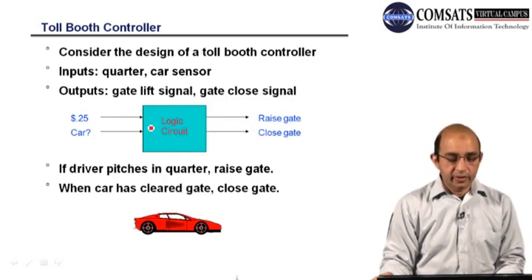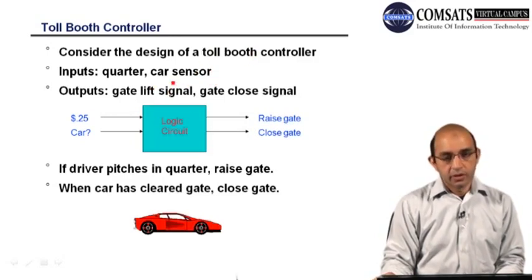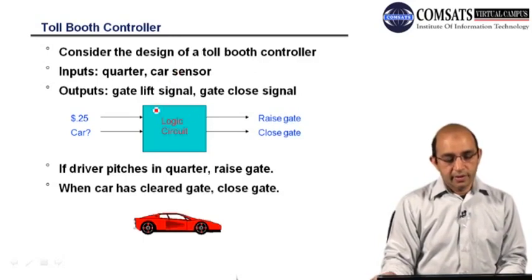So the gate opens and closes, right? So this is the desired output, and the input is whenever a person throws a quarter dollar, and there is a car sensor that is attached to this circuit.